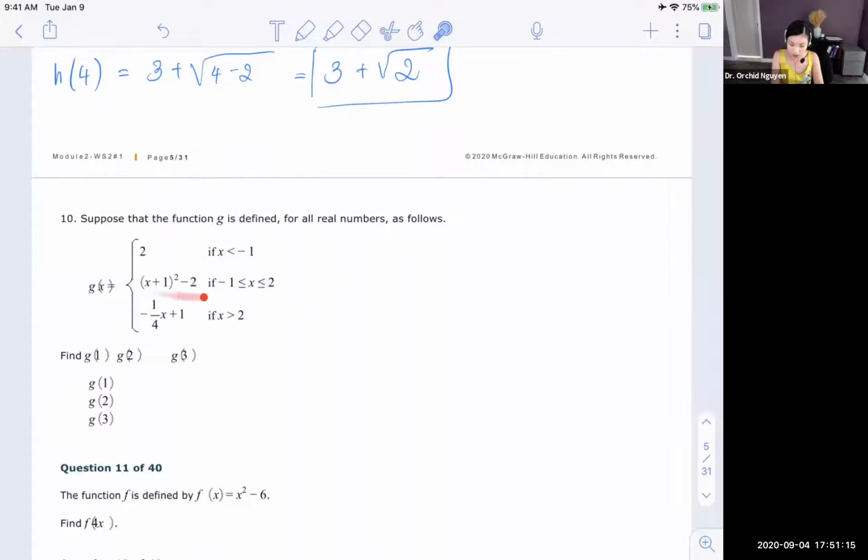So we're going to use the middle one to evaluate for 1. So g of 1 is going to be 1 plus 1 squared minus 2, which is 2.